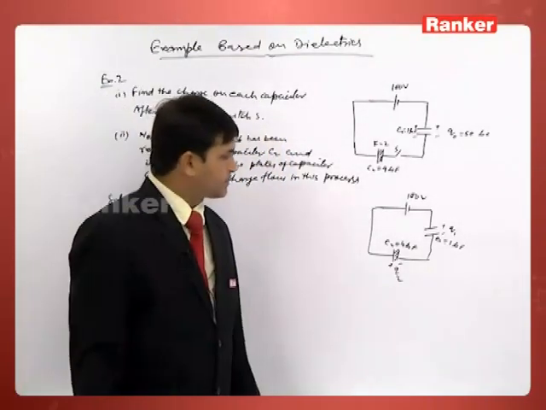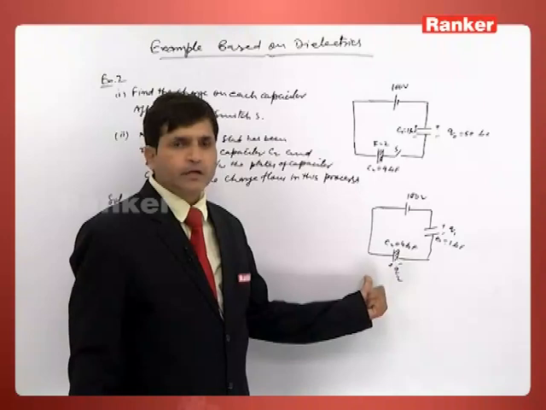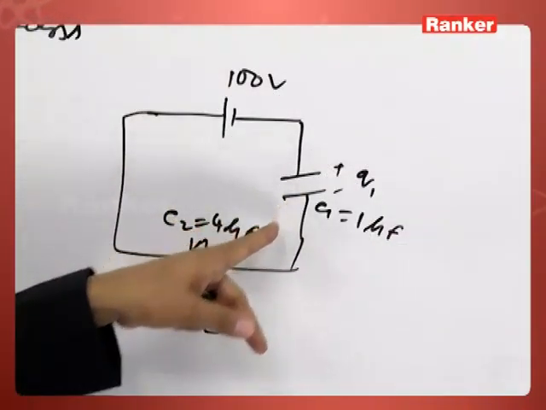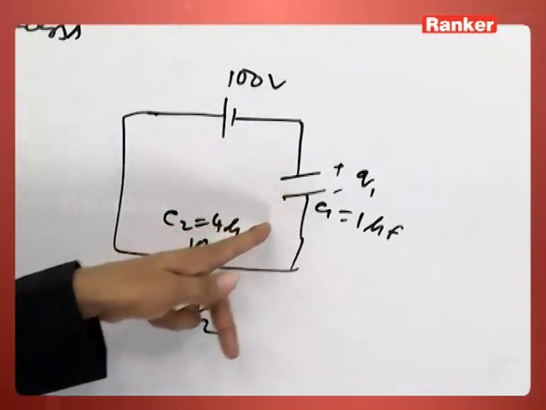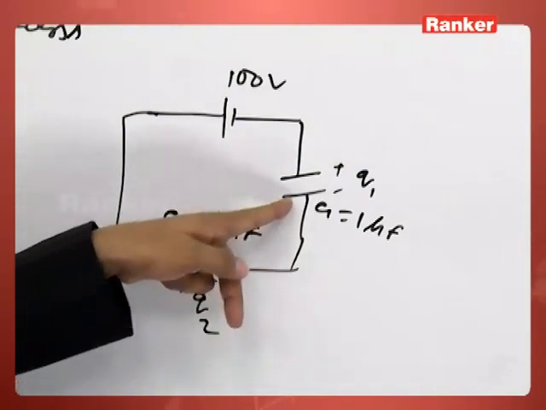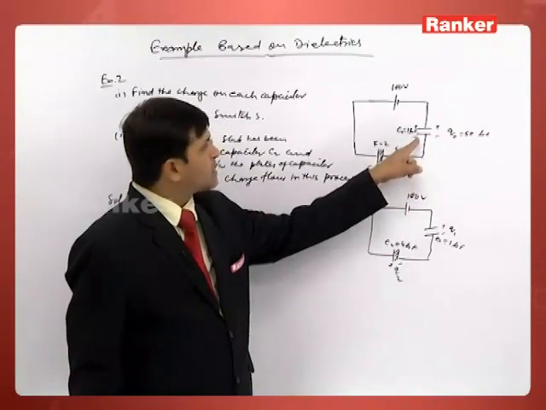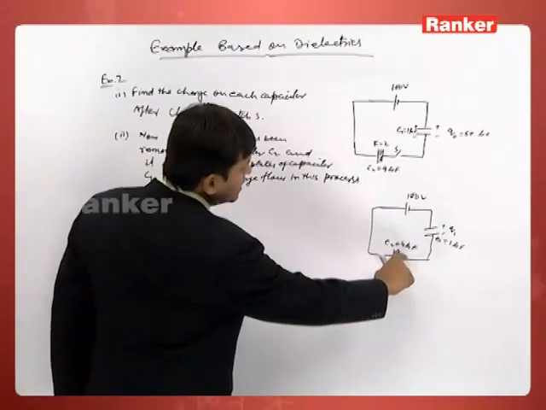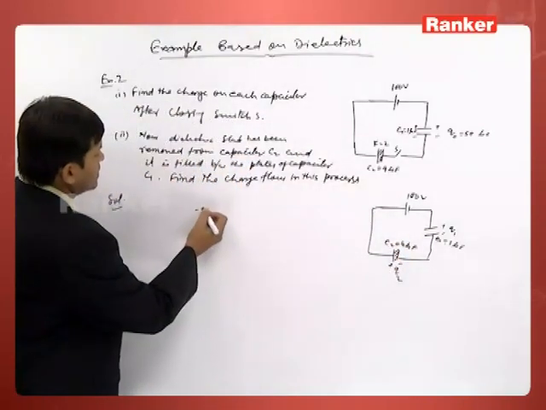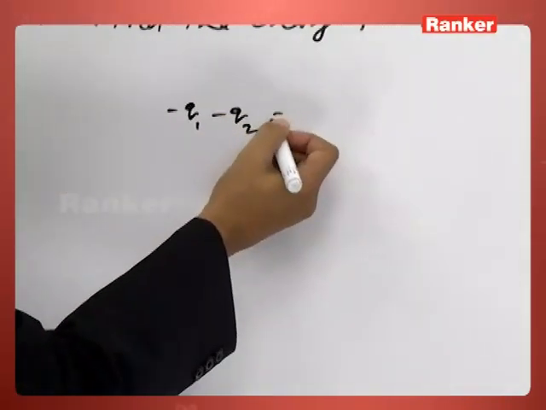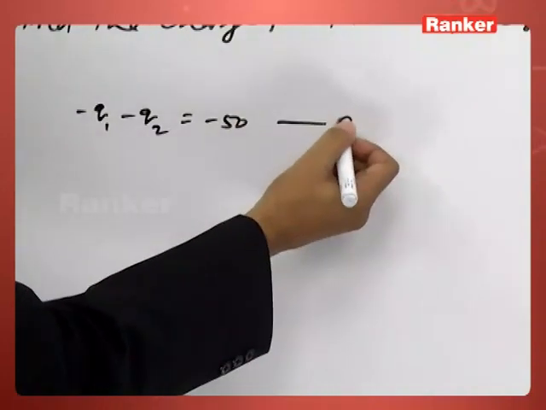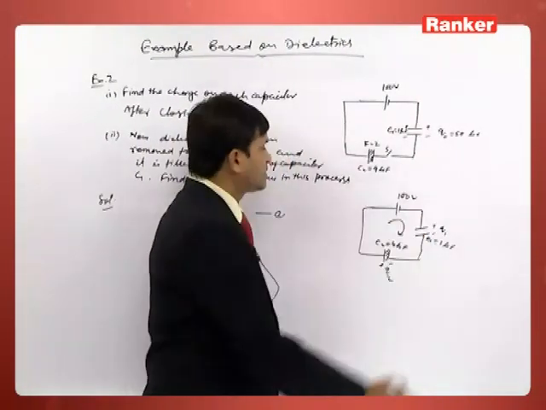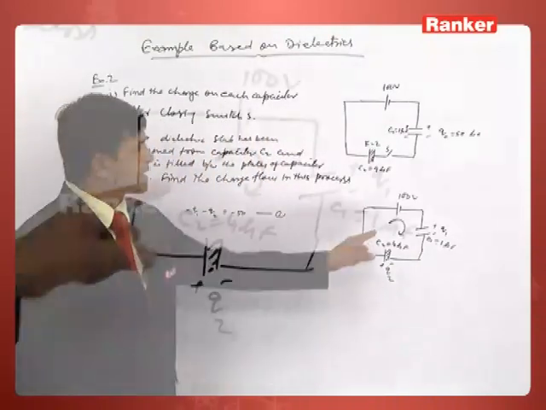Now the first equation, by using conservation of charge. See, these two plates are connected together. So whatever charge is on these two plates will flow only between these two. So the initial charge was minus 50 and the final charge here is minus Q1 and this is minus Q2. So minus Q1 minus Q2 equals minus 50. This is your first equation. The second equation we can get by applying Kirchhoff's second law.